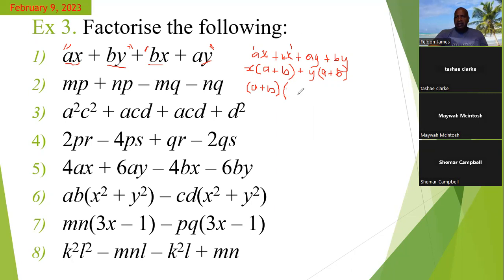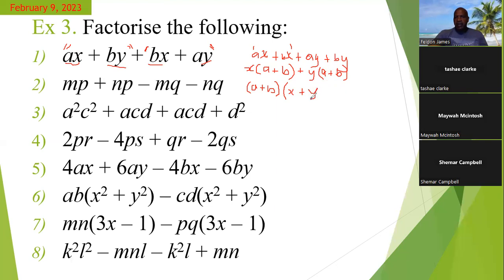So we put x here in the second bracket. Then we keep the plus sign in the middle. Now we divide the next term, which is y(a plus b), by a plus b. We see that the a plus b's cancel out, leaving the y.